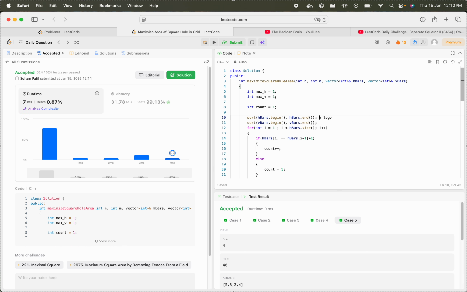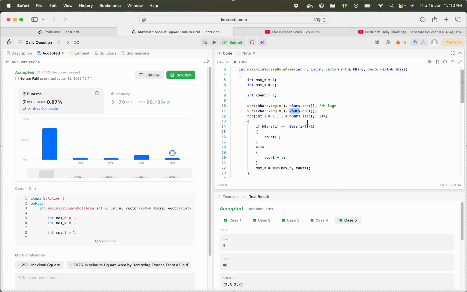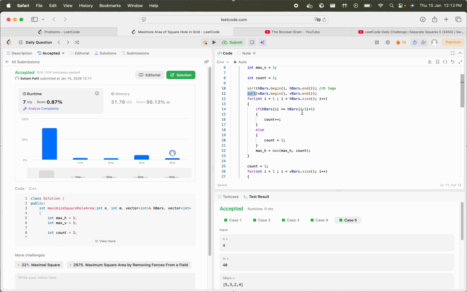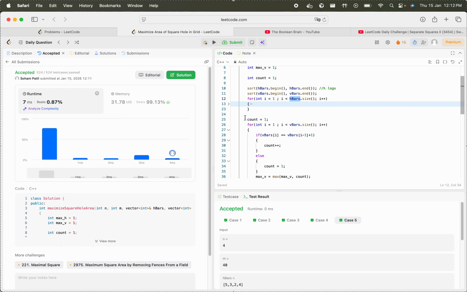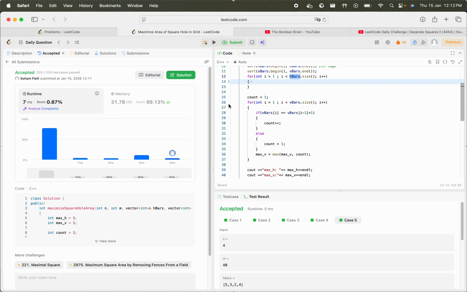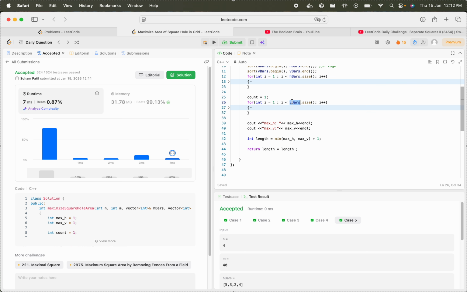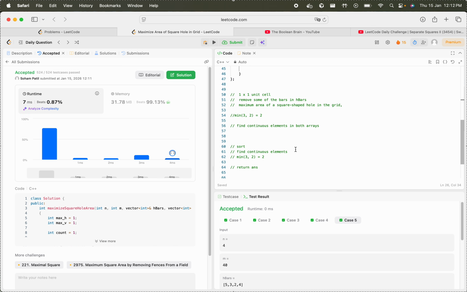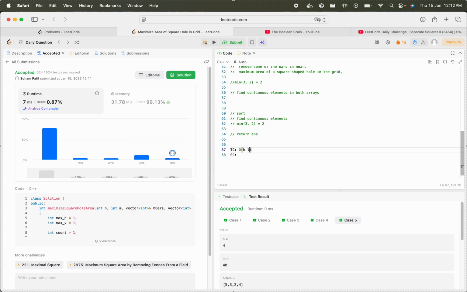Similarly, this goes v log v, because sorting takes n log n, and then we are iterating on h again, O of h, and similarly O of v again. So overall the complexity is h log h plus v log v.